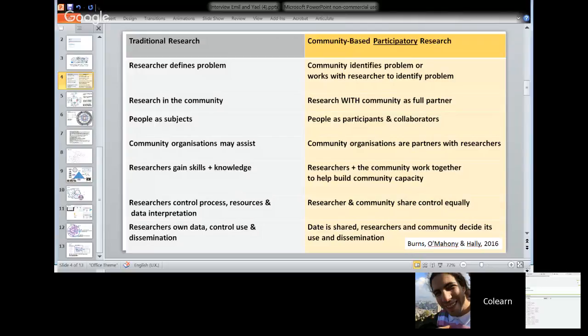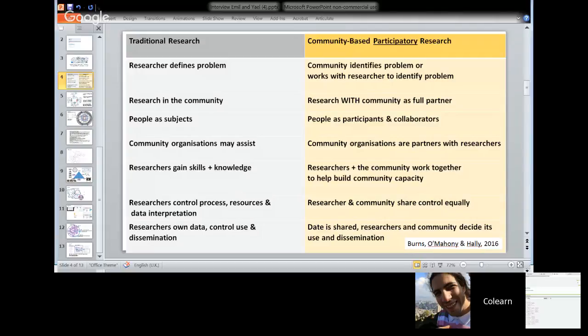They also need to be equipped to use the tools, the space for discussion, the procedures for investigation, and to make sense of the outcomes of the investigation. And the data is transparent. So it's very different from the traditional research approach, that CBPR, as we call it.